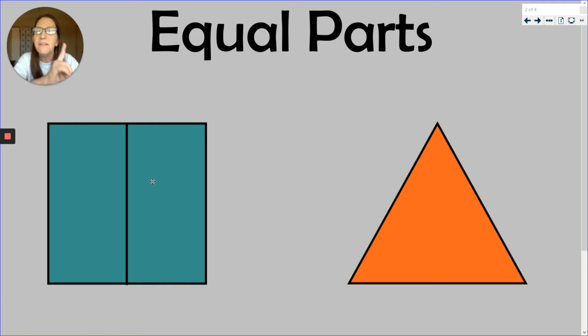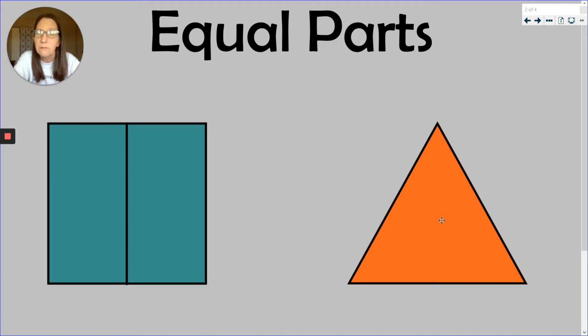They have to be the same size. This side is just as big as that side. I don't have one bigger and one smaller. They are the same, okay? So I want you to listen. Equal means the same. Say that for me. Equal means the same. You got it.